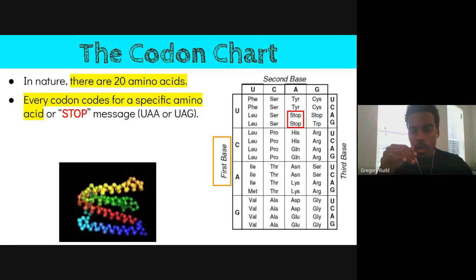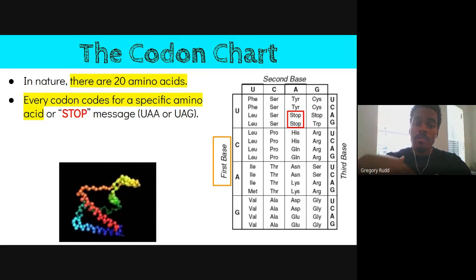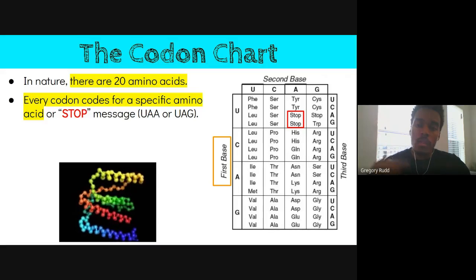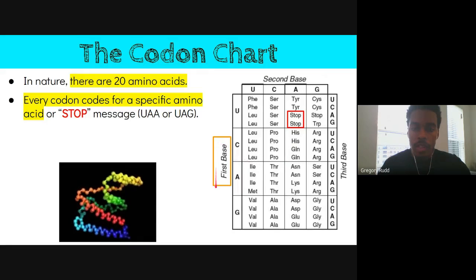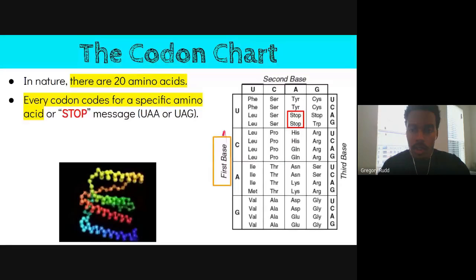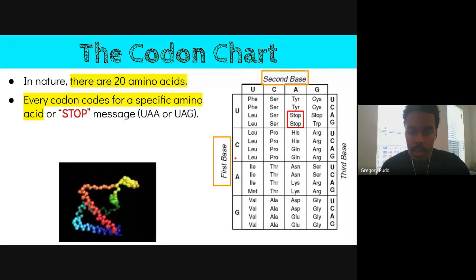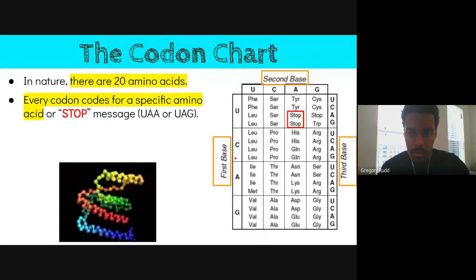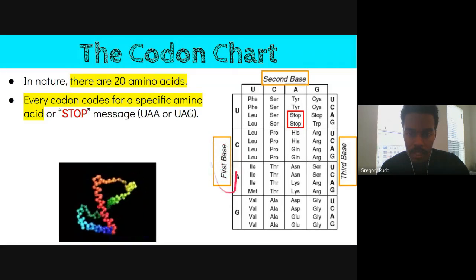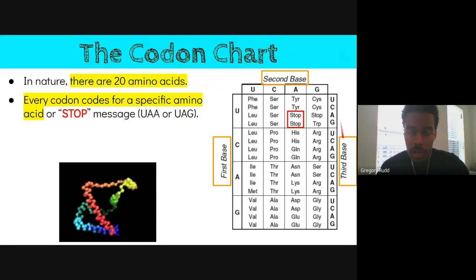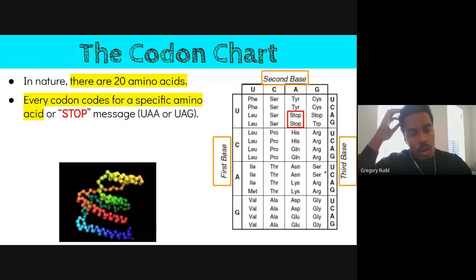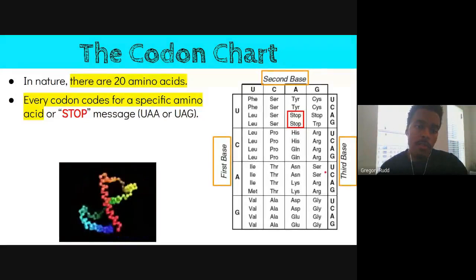But there's an order to determining which amino acid you will get. You first need to look at the first base, then the second base, and then the third base. Your first base is on the left side, your second base is on the top, and your third base is on the right. We're going to talk more about how to read this chart specifically.